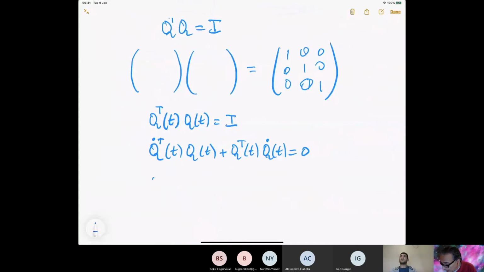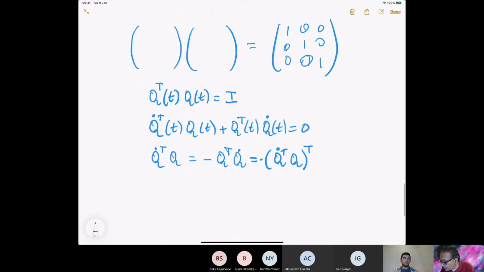So I discovered that Q dot transposed Q is equal to minus Q transpose Q dot. Okay. And by the rule of transposition, we have this.